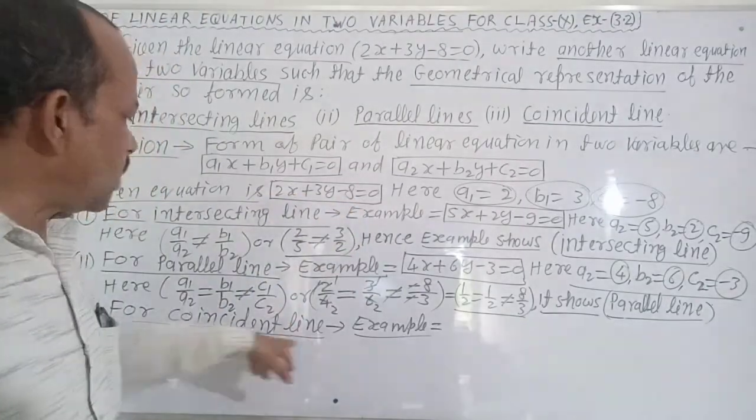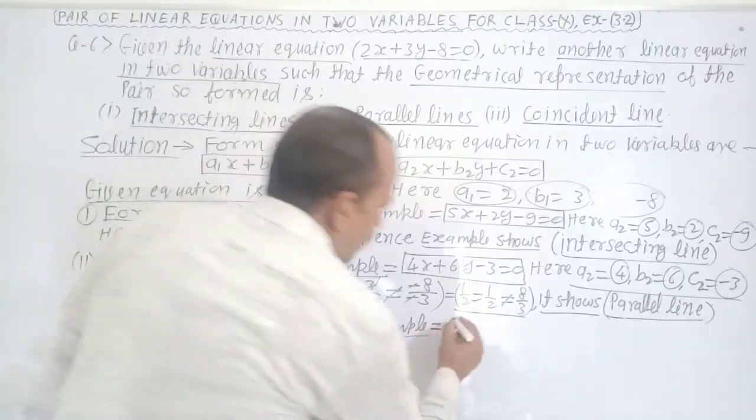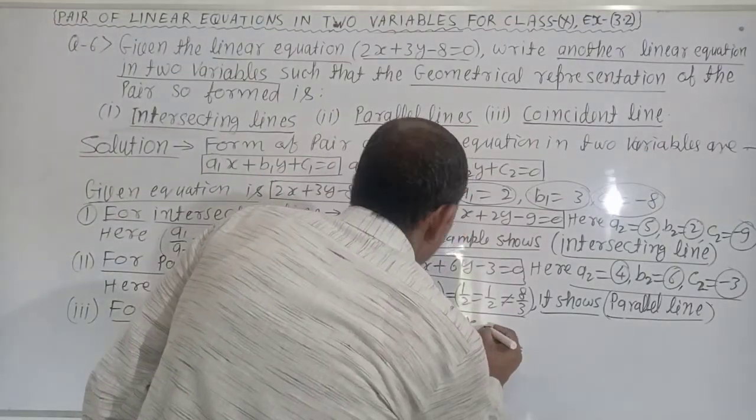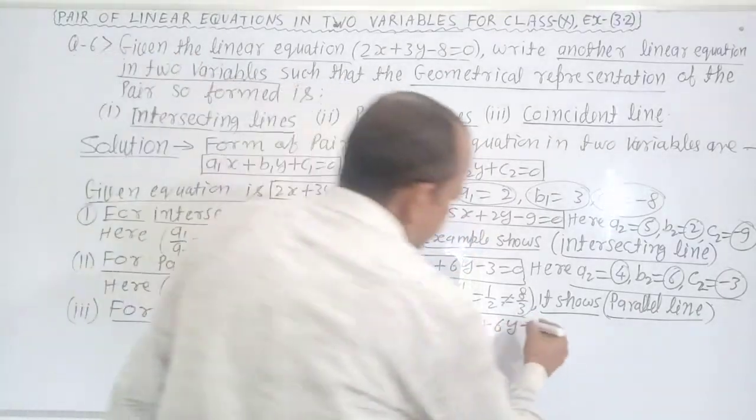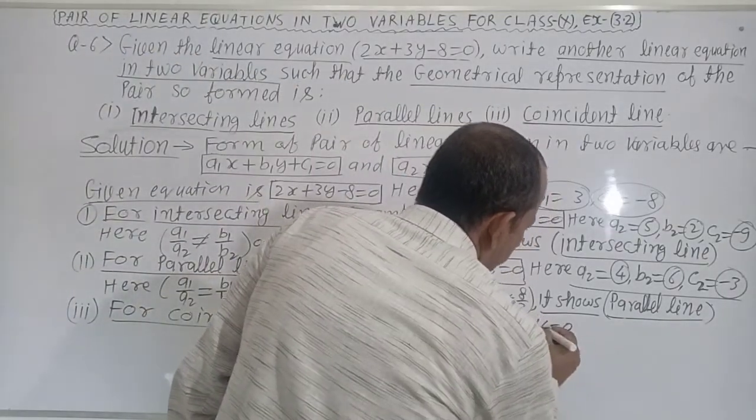Example of coincident line is 4x plus 6y minus 16 equal to 0.